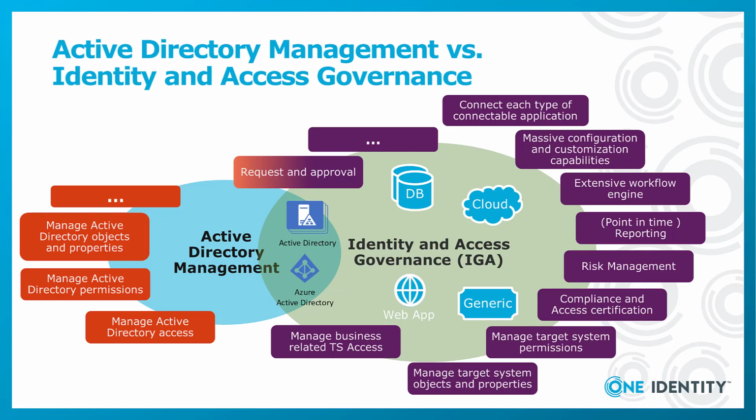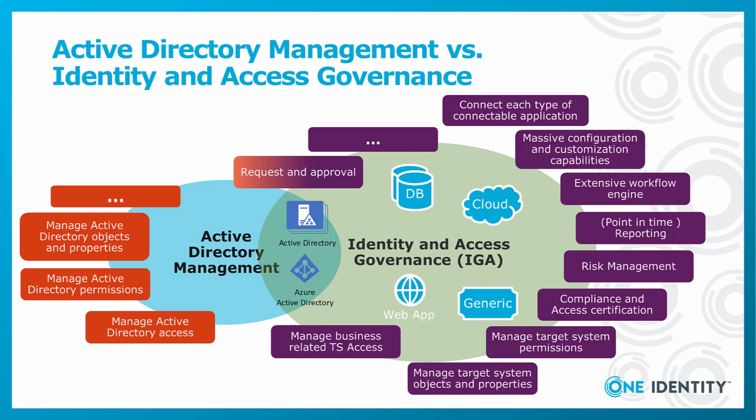If you stand in front of the decision to figure out whether an Active Directory management solution or an identity and access governance solution is what you need, the question can be answered easily. If you have to manage mainly an Active Directory or an Azure Active Directory, and you are typically interested in joiner-mover-leaver processes, the Active Directory management solution is what you're looking for.